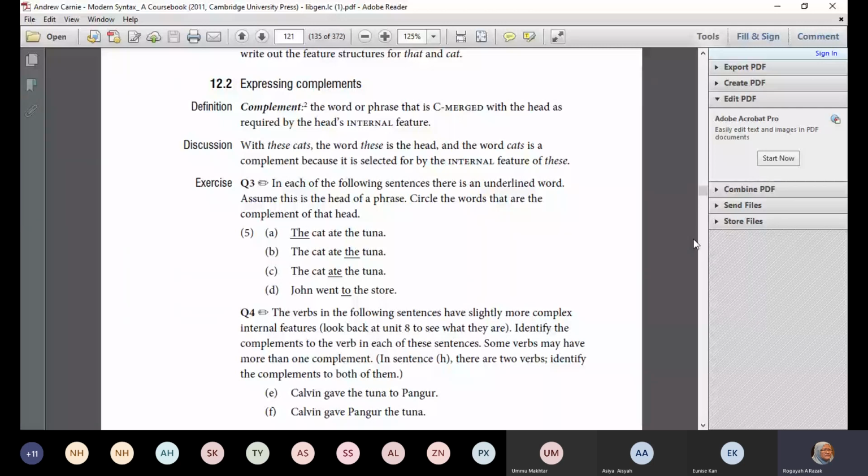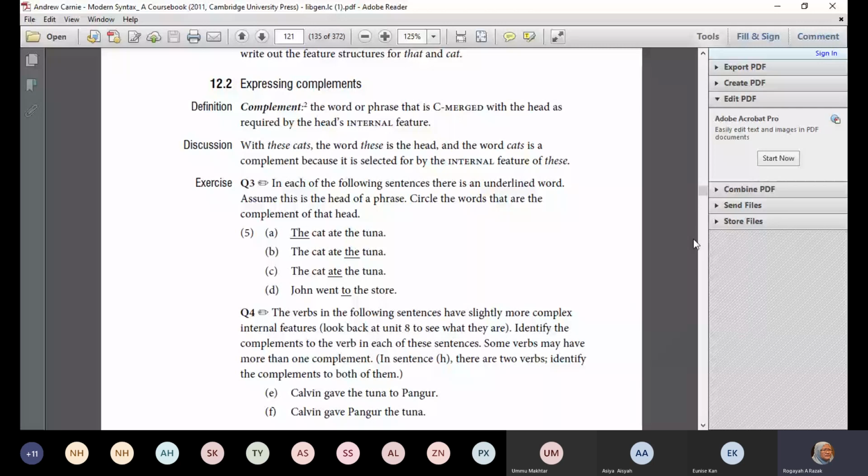When you have a head, there's always a final projection. If it's a determiner, the highest projection for that constituent is the DP. If you have a verb, the highest level is a VP. So the next constituent is ate the tuna. For each constituent, we have to decide which is the head and which is the complement.